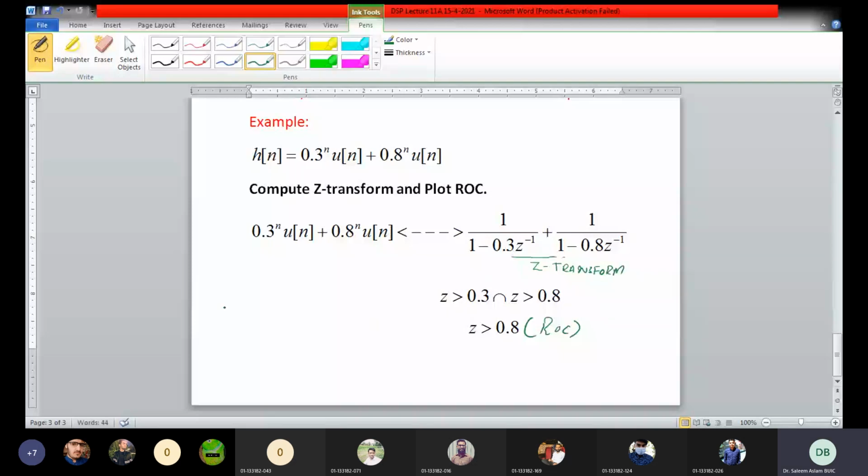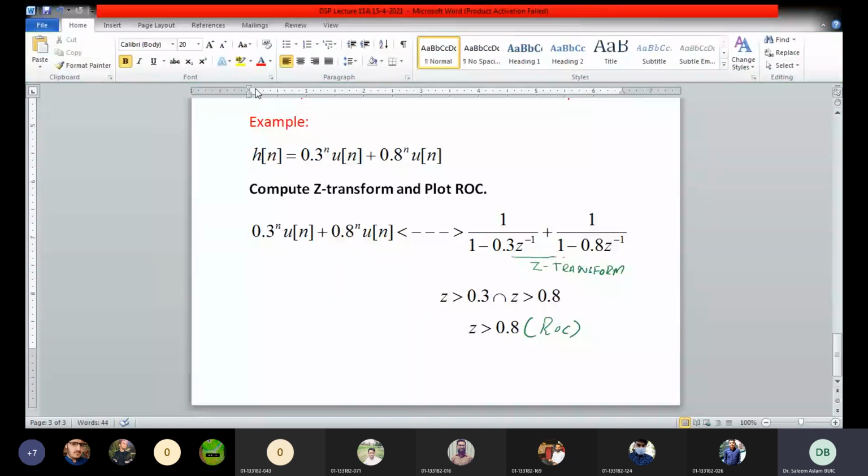Right? So from here we can conclude one result that if there are more than one sequences, then the ROC will be outward of the outermost pole, because you have one pole at 0.3 and one pole at 0.8. So your ROC will be outward of the outermost pole. The bigger pole will be the boundary, and your ROC will be outward from it.